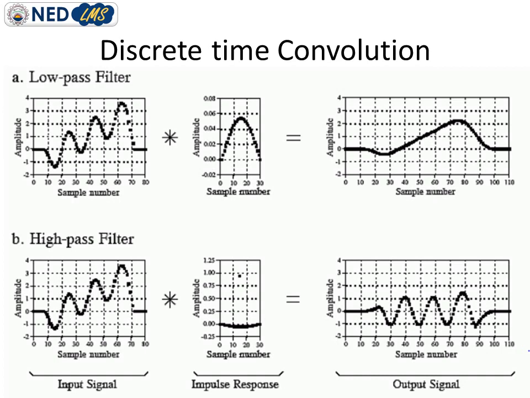In this plot we can see convolution used for low pass filtering as well as high pass filtering. In this example, the input signal is the sum of two components.